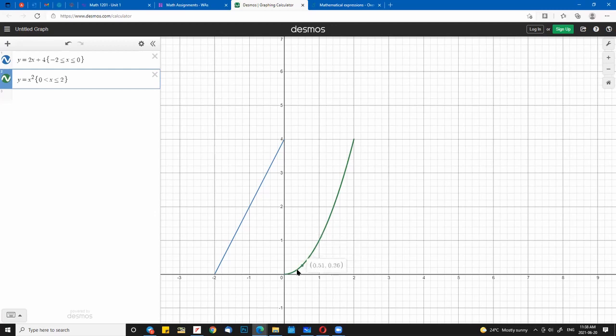Now it goes, but it doesn't reach 0. It has a value for every x input except 0 here. So if I use less than here and less than or equal to there, it doesn't overlap, okay? So you have to be careful with that.